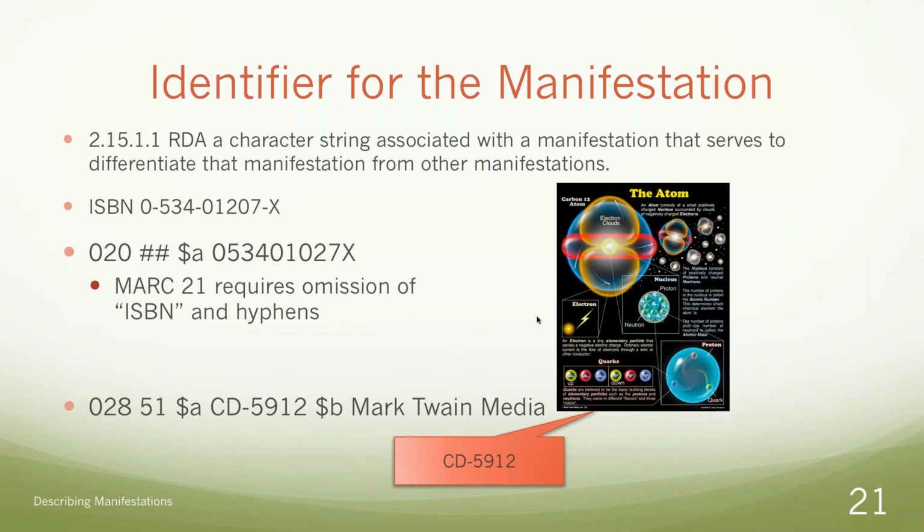Identifier for the manifestation. So here we've got a poster for the atom. If we look at the teeny tiny print in the lower left corner, we see CD-5912. And we know that the publisher of this particular poster is called Mark Twain Media. So if you've got some sort of catalog number identifier, you can use the 028 field.